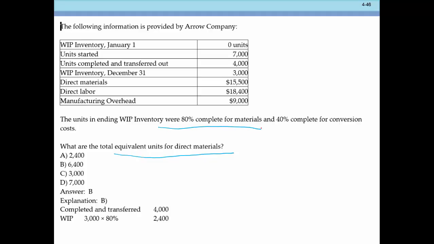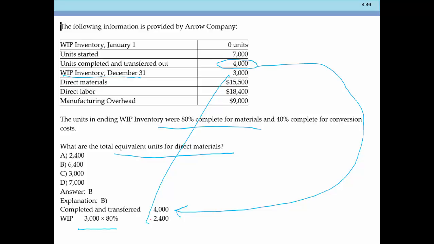They tell me the units that were completed and transferred out are 4,000. This is the easy version, isn't it? So I pick up that 4,000. Then I take the 3,000 units in my ending work in progress and apply the 80% to that, and that gives me my equivalent units. So the answer here is 6,400. Is that easy?